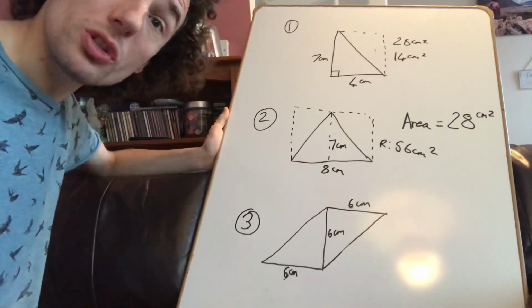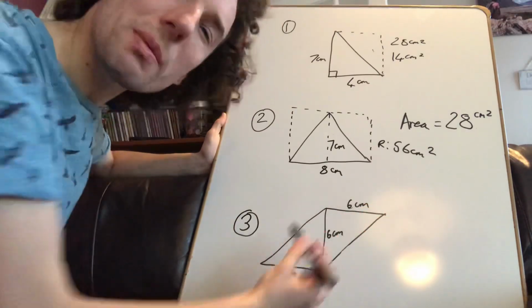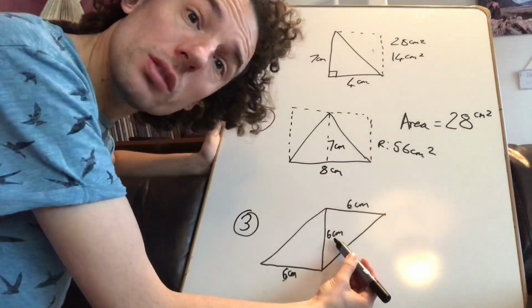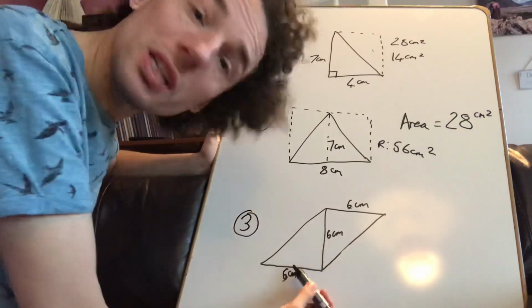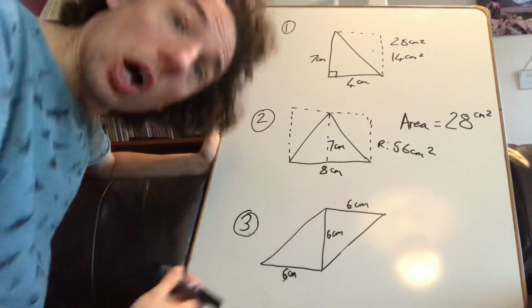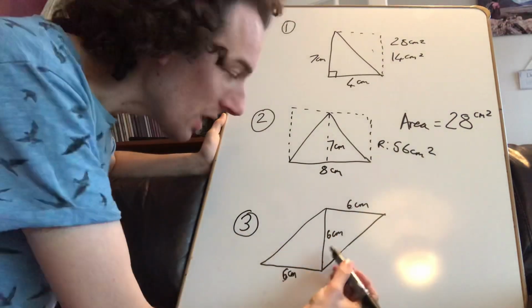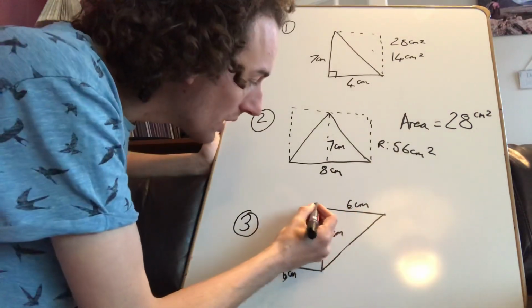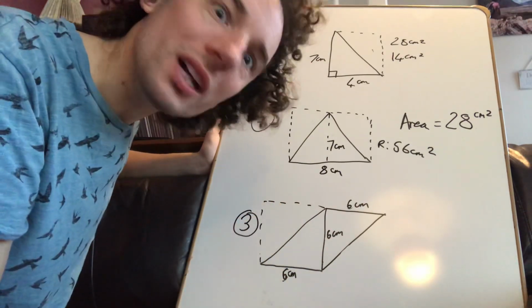Now, what we could do, gang, because both of these have the same area, is do 6 times 6, which is 36, and halve it. We could then do 6 times 6, which is 36, and halve it, and add them together. I hope some of you are already going, but wait a minute. If we moved this triangle and put it here, we'd have a whole rectangle.